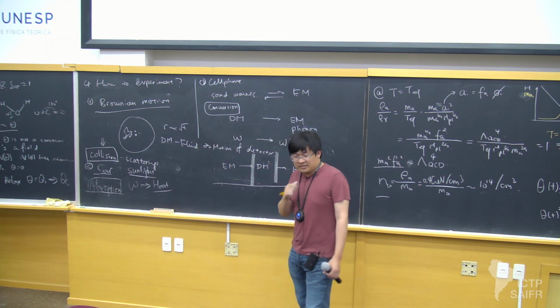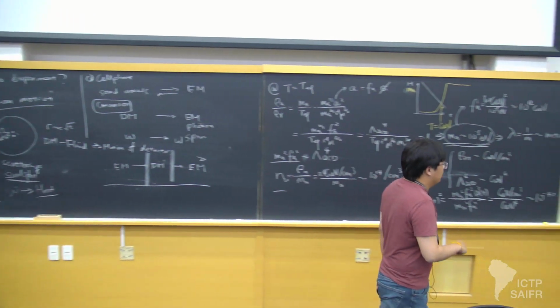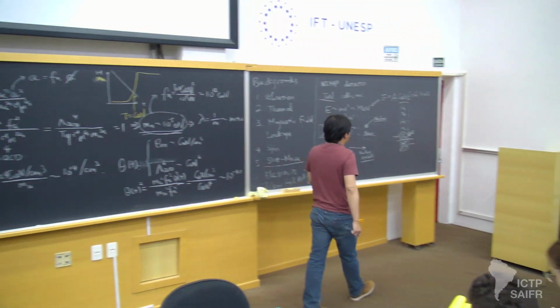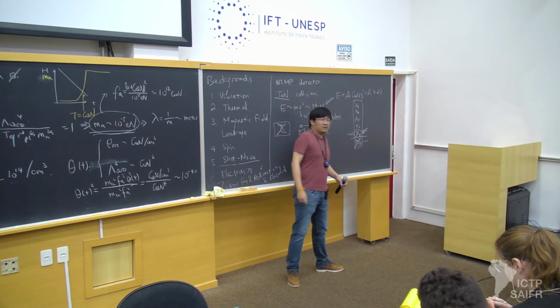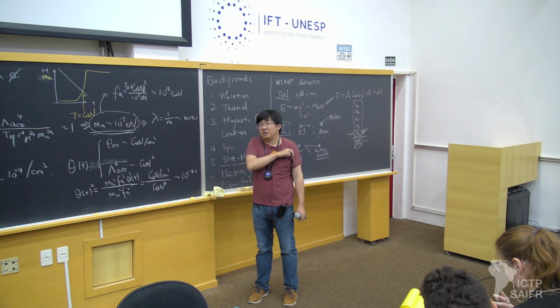Building these detectors is hard, especially for xenon detectors, where we are talking about 1 ton or a few tons, like 4 tons, or maybe some people are even talking about 50 tons of xenon.